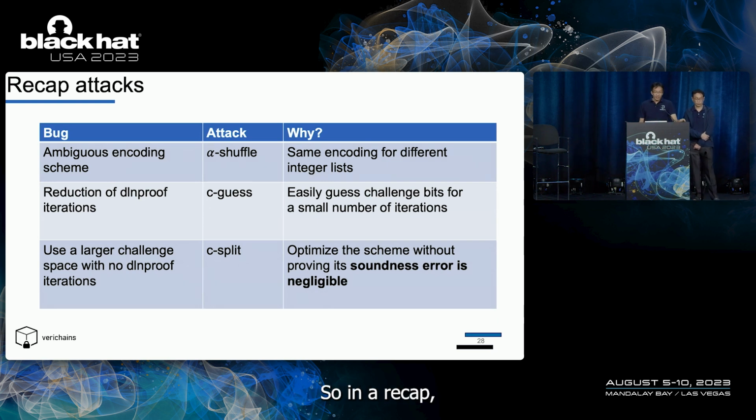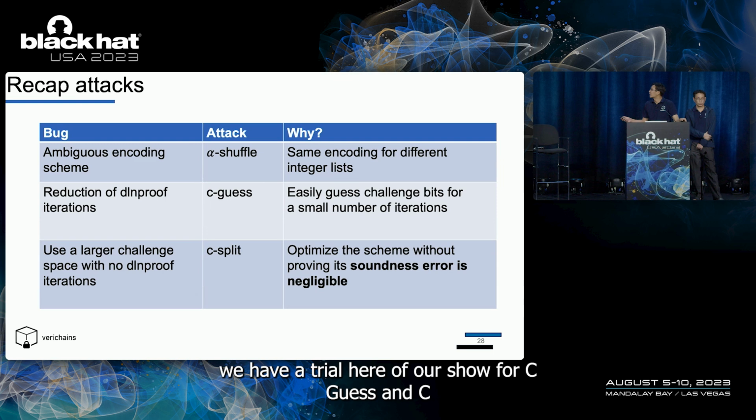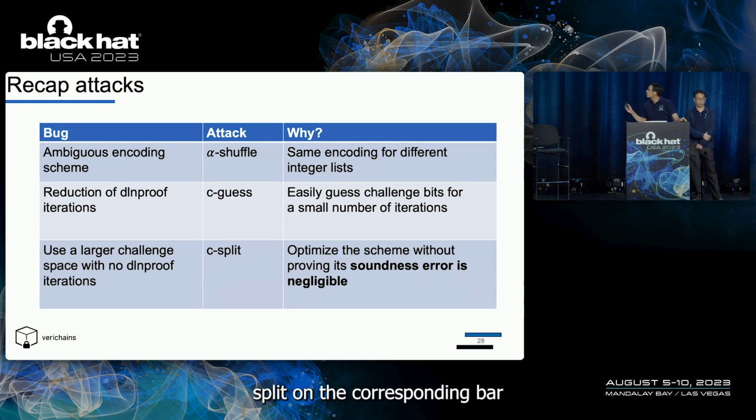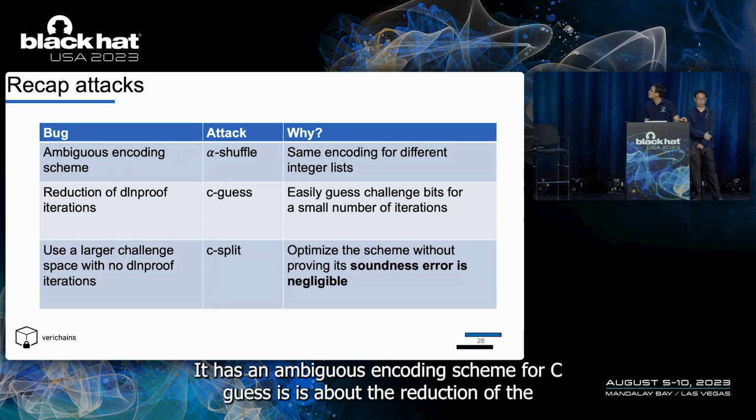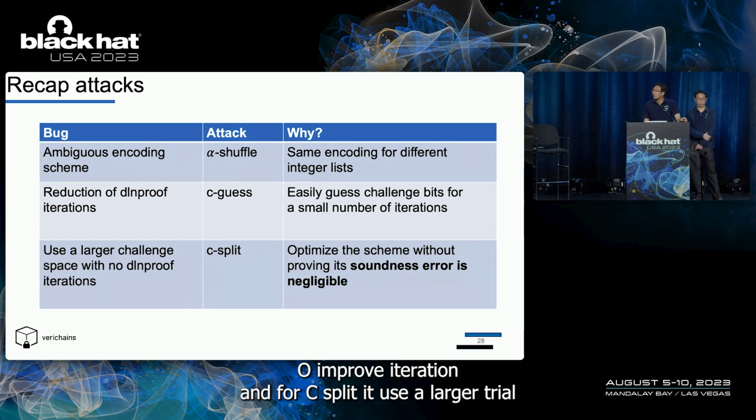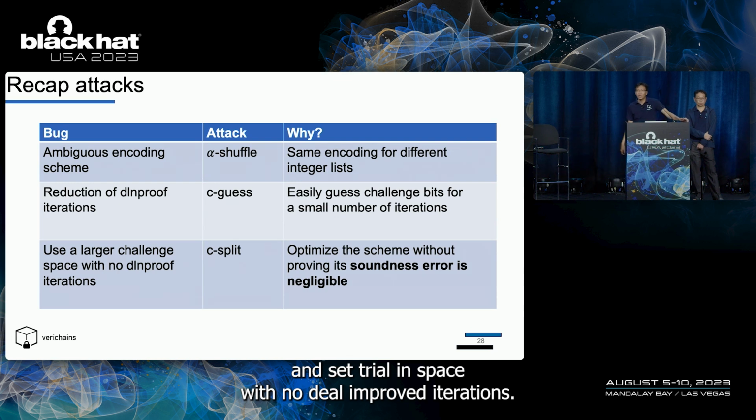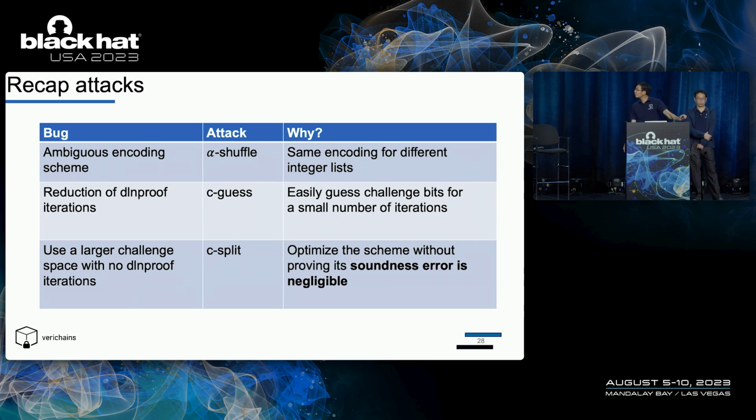Let's have a recap. We have 3 attacks here: alpha shuffle, C-guess, and C-split. The corresponding bug for alpha shuffle is an ambiguous encoding scheme. For C-guess, it is the reduction of DLN-proof iterations. And for C-split, it used a larger challenge space with no DLN-proof iterations.